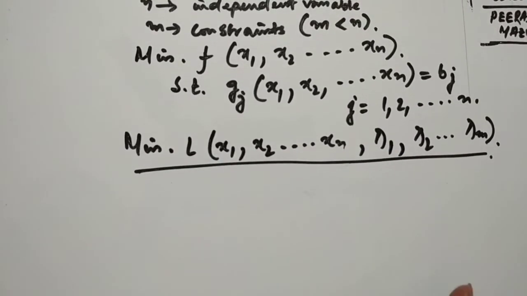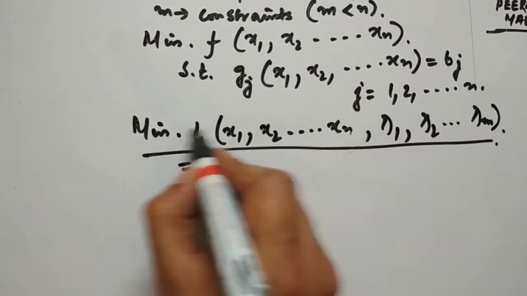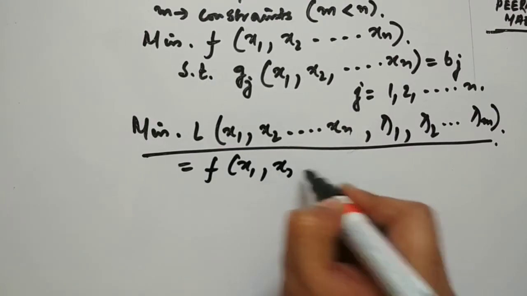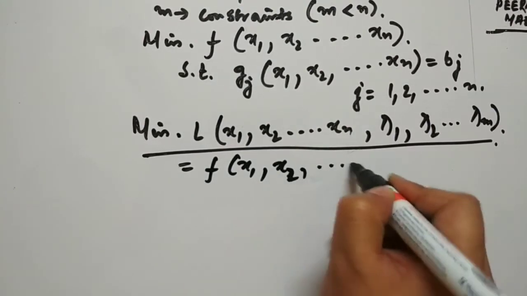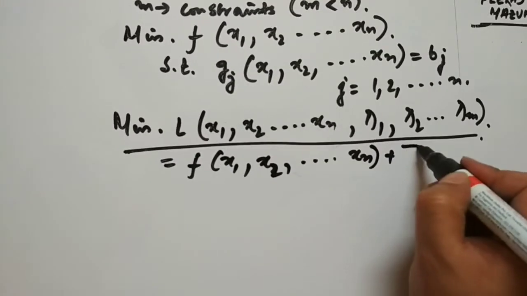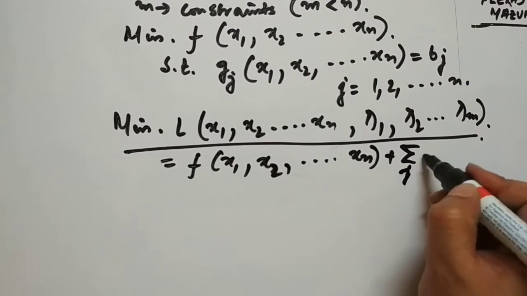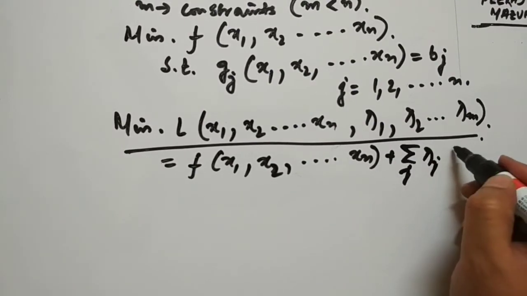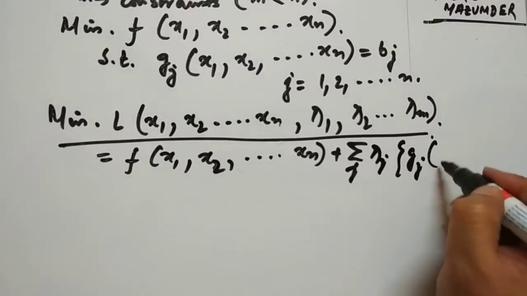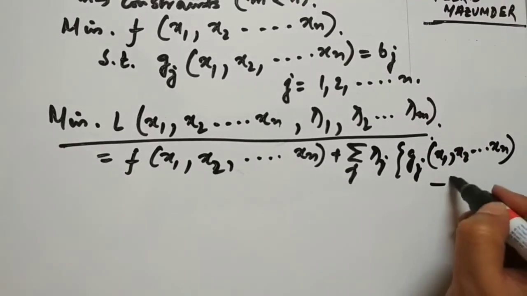Okay, so it can be equal to minimization of L as a function of x1, x2 up to xn, plus, I am writing a generalized equation, lambda j times gj, which is a function of x1, x2 up to xn, minus bj.